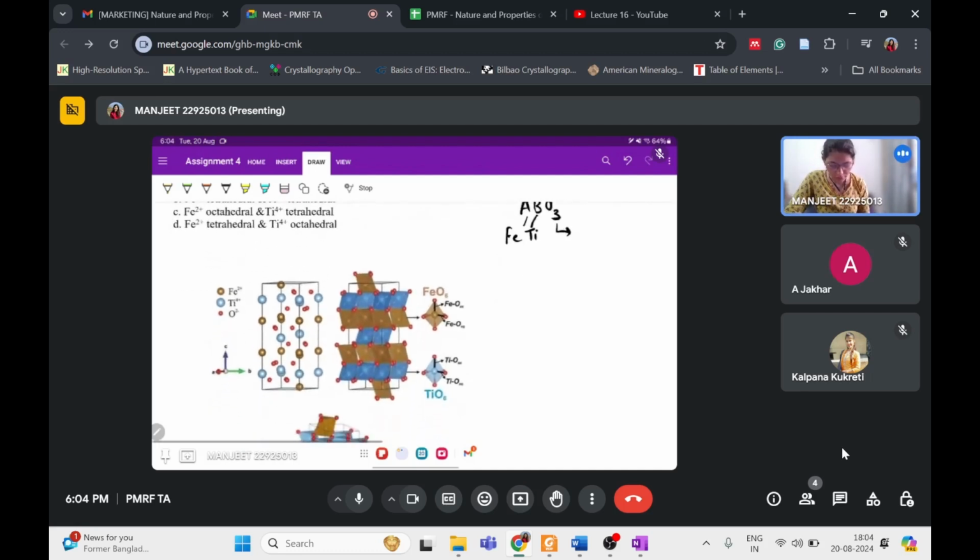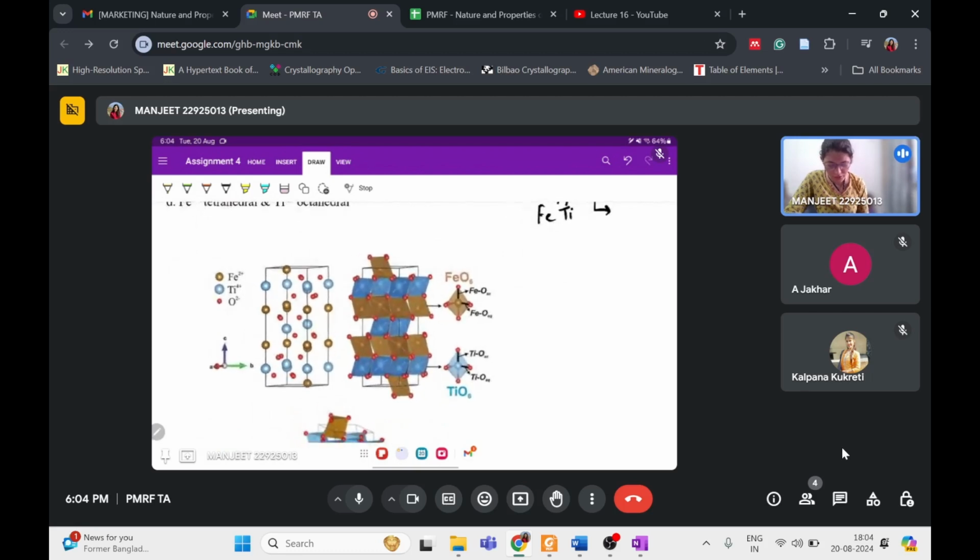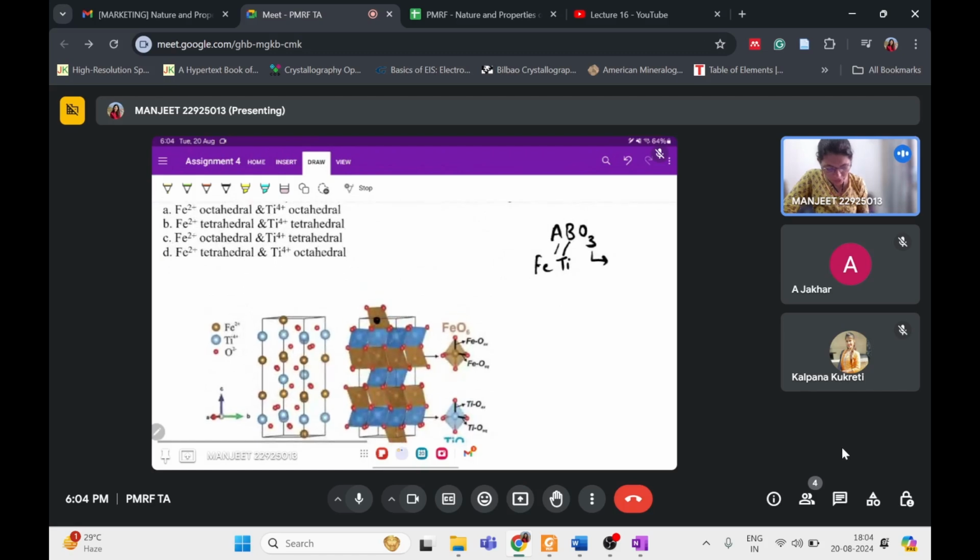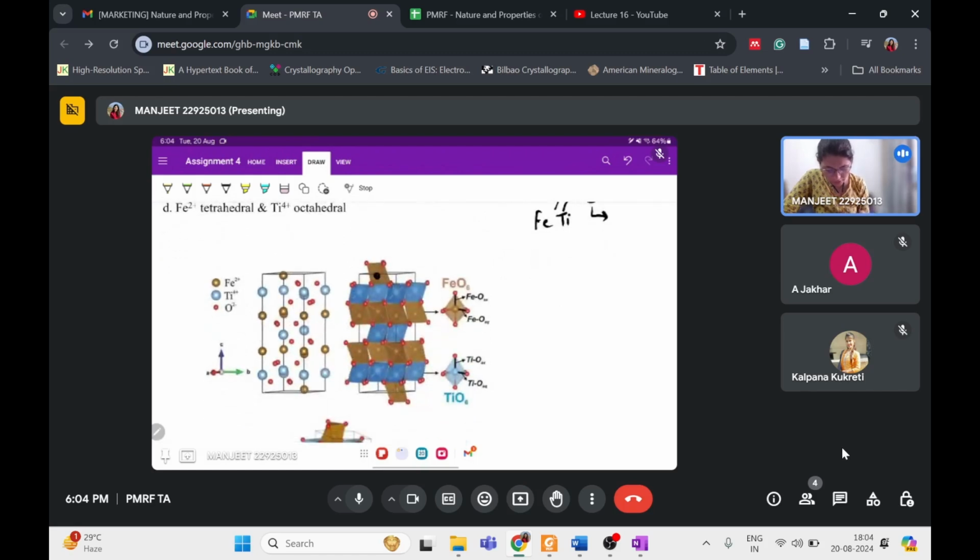You can see the crystal structure of FeTiO3, and here this Fe is connected to the oxygen, and this titanium is also connected to the oxygen.